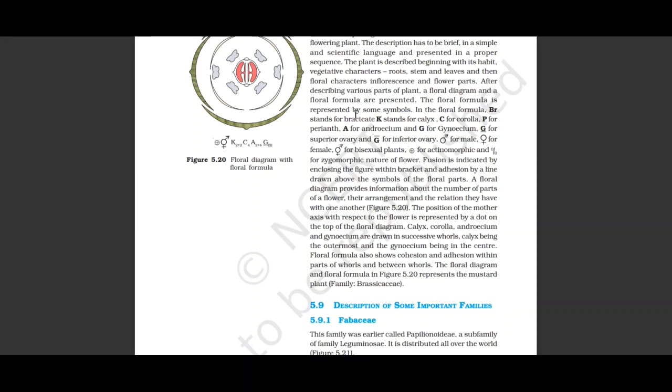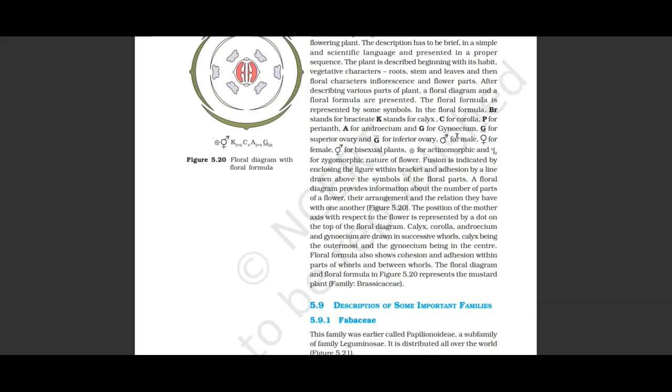The floral formula is represented by some symbols. In the floral formula, Br stands for bracteate, K stands for calyx, C for corolla, P for perianth, A for androecium, and G for gynoecium. G with a line below for superior ovary and G with a line above for inferior ovary.